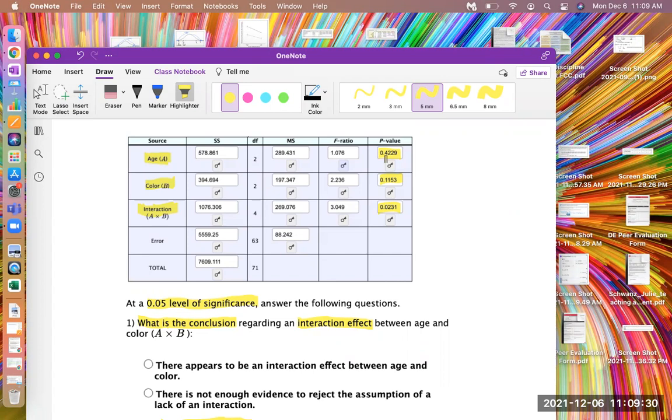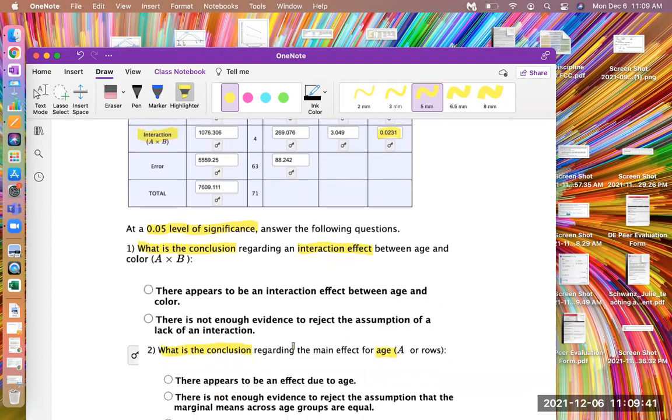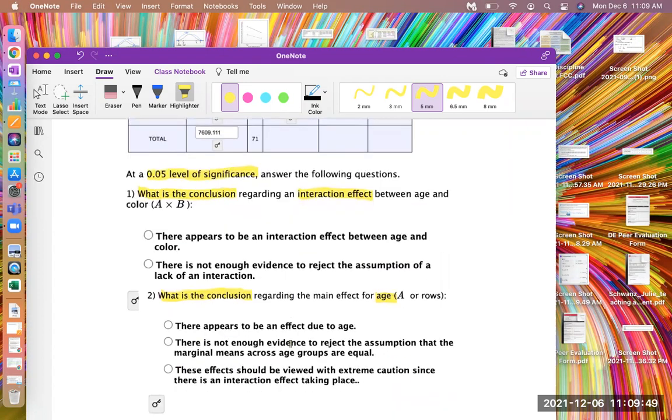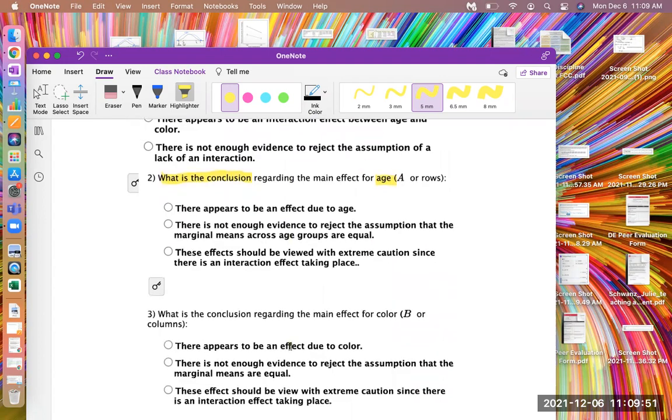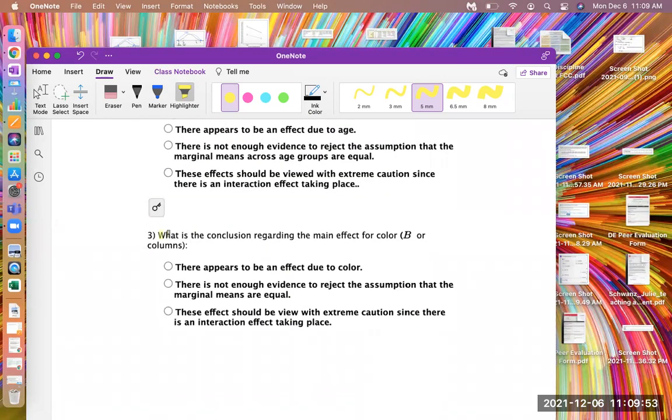So we failed to reject the null hypothesis that there's no effect. The null hypothesis says there's no effect from age. And we fail to reject that, which means that we agree with the fact that there's no effect on age.